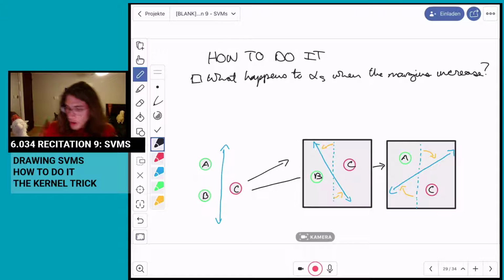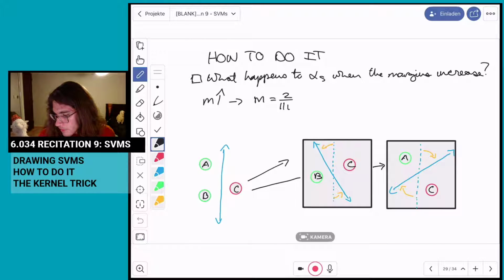So remember how I defined the margin width as M? Let's say M increases. Well, let's go back to our equations. We had M is equal to 2 over the magnitude of the W vector. If M increases, so does this. But that implies that W must decrease because 2 is constant.